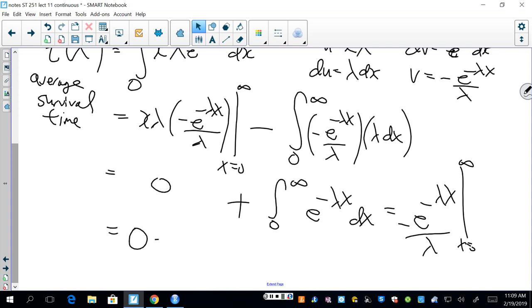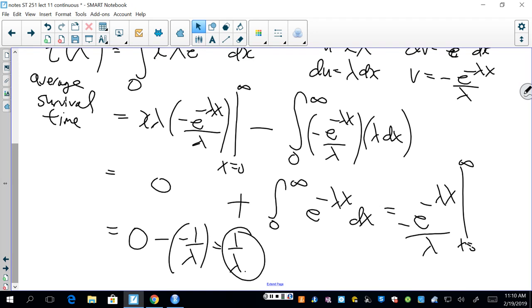Then you take a minus, and at 0, e to the 0 is 1, so it's negative 1 over lambda, so it's just 1 over lambda. That's the average time until the event occurs. So 1 over lambda is actually the average of x.